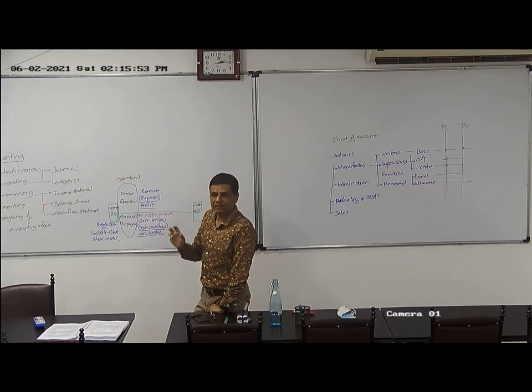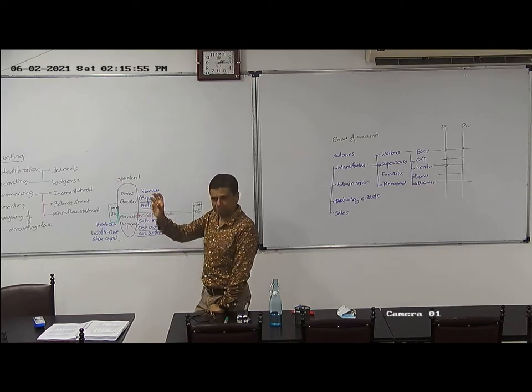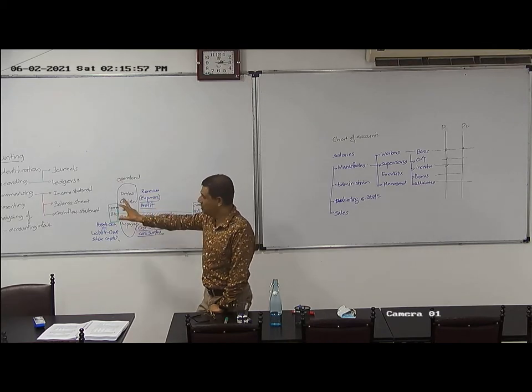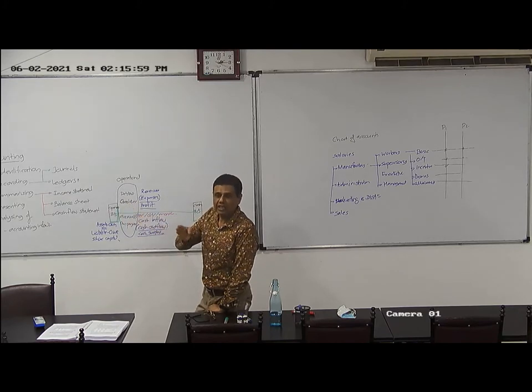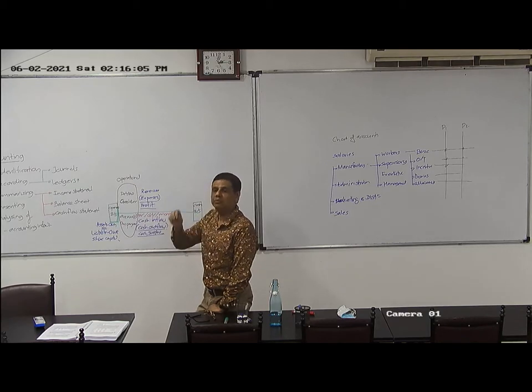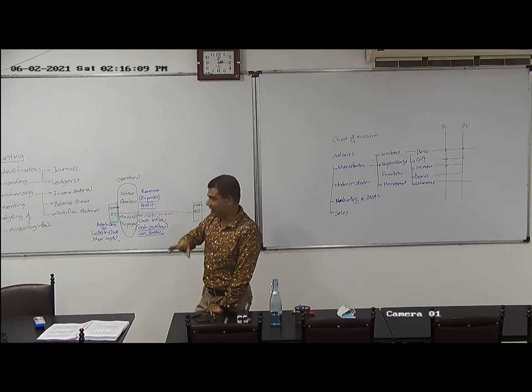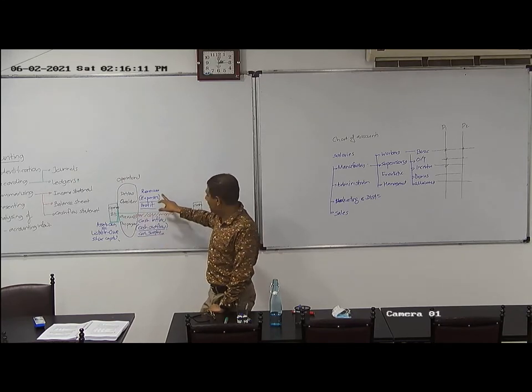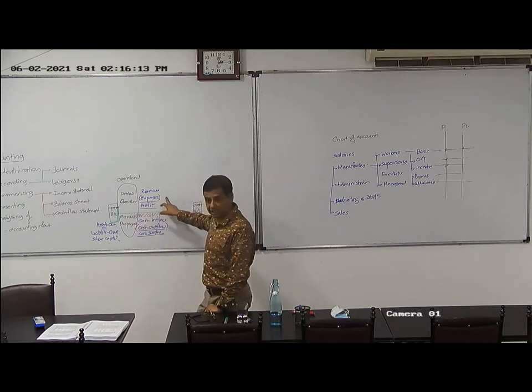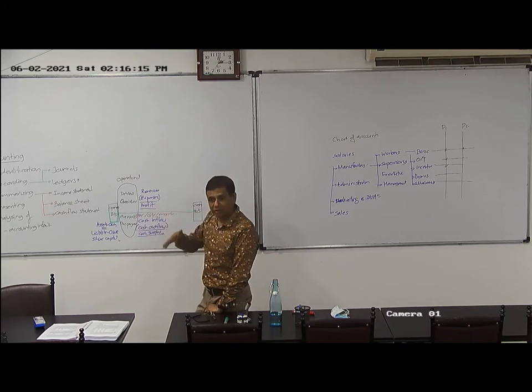So what we will do is put the cost of the printer in the balance sheet, and every year, every month, depending on how many months you are going to use the printer, a small amount is taken out and put as an expense. That is what we call depreciation. That goes into the expense. But even though you consider that as an expense, you are not actually paying that.